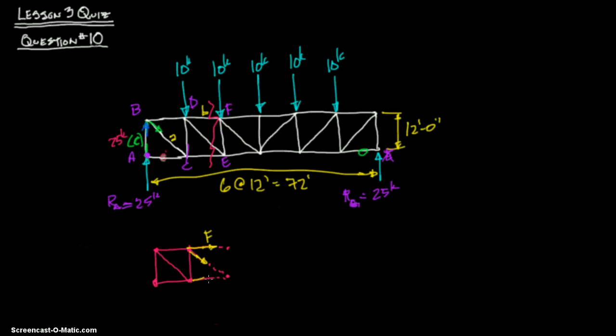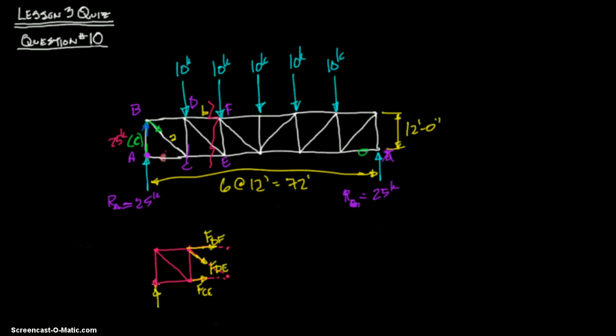But we're going to do this method of sections, and we're going to call this FDF. A, B, C, D, E, F. Yes, that's right. And this is FDE, and then we have FCE right here. And we also know what?